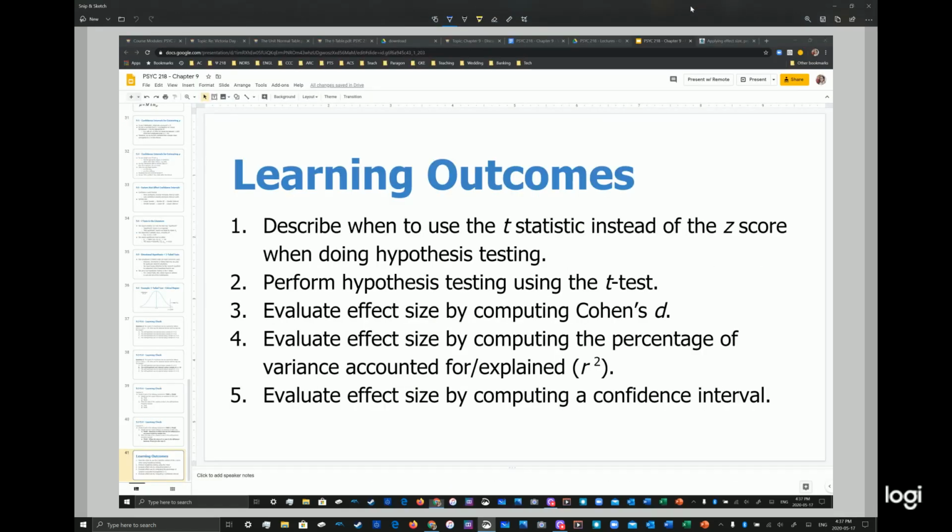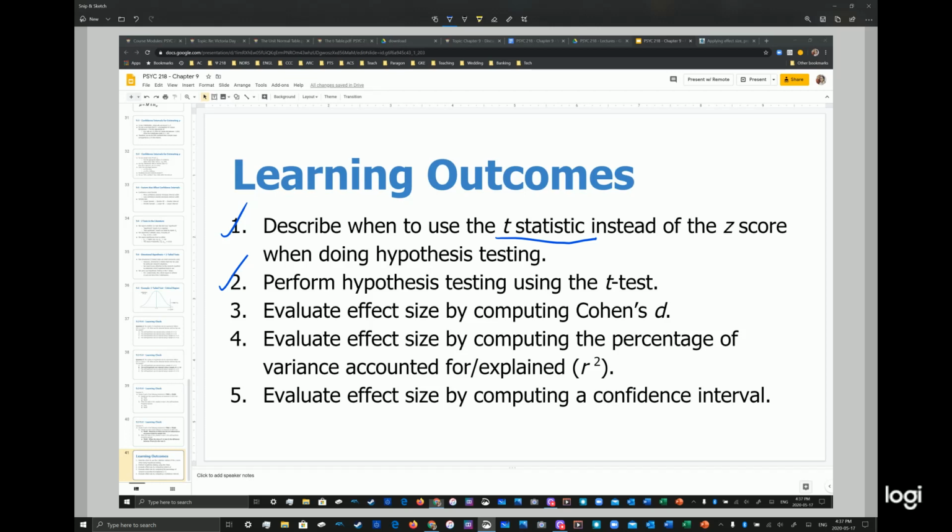So in terms of outcomes, when you complete this chapter, you should be able to describe when to use the t-statistic instead of the z-score when you do hypothesis testing. That is, when we don't know what the population standard deviation is, or we might not even know what the mean is for the population. Also, you should be able to perform hypothesis testing using the t-test.